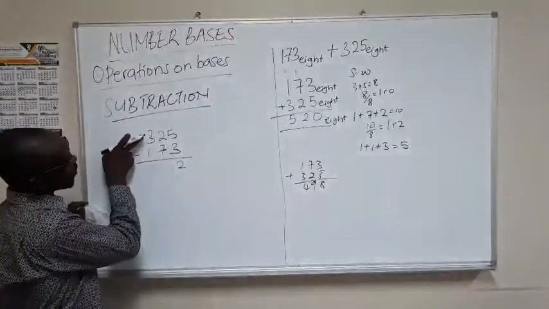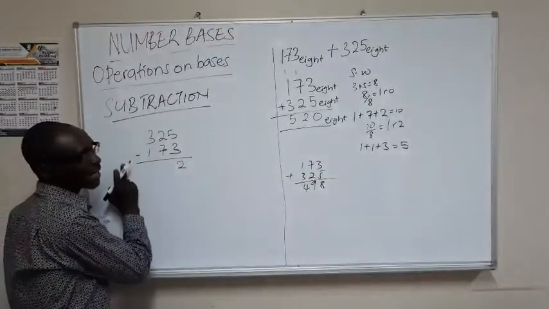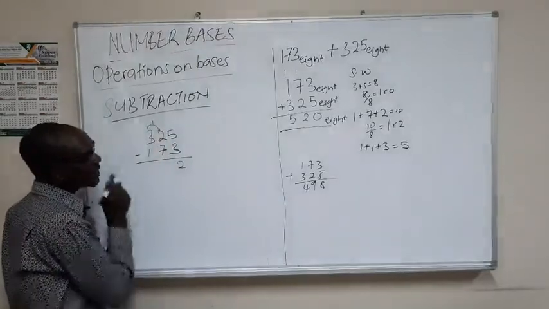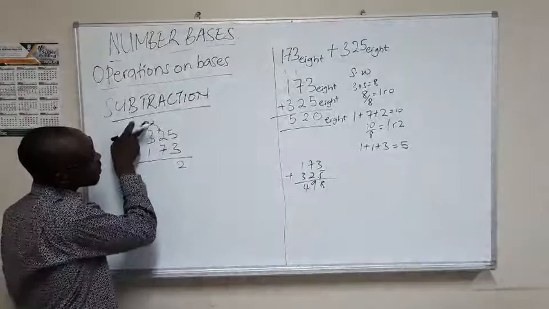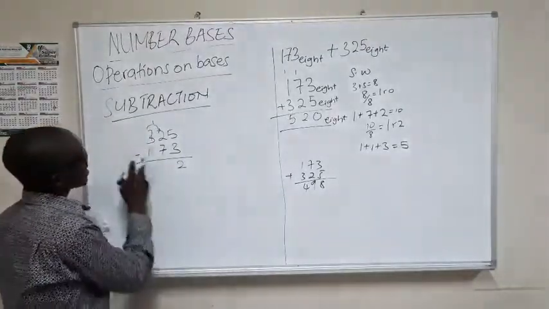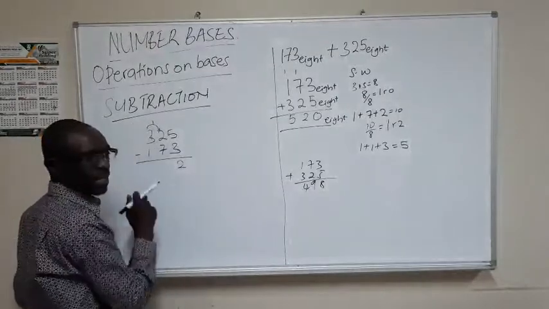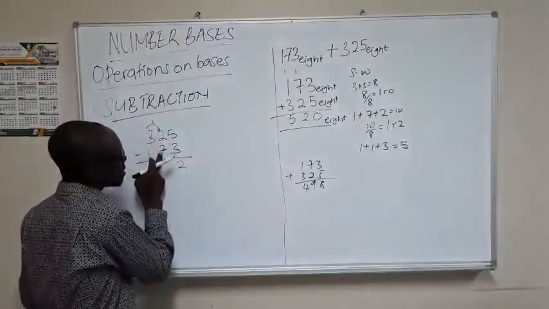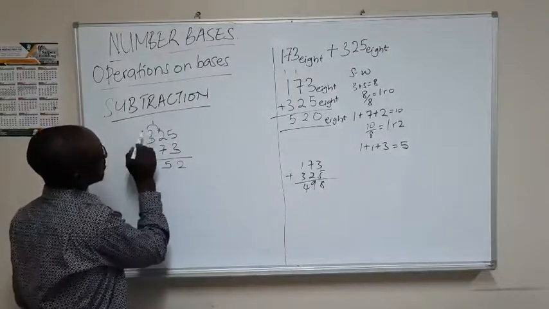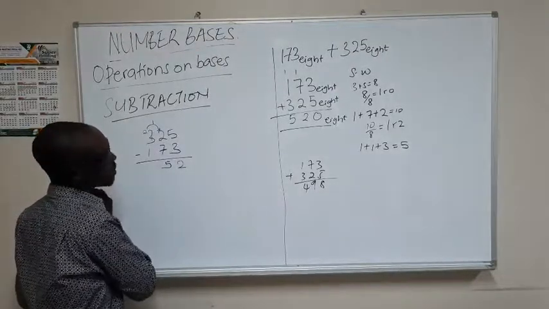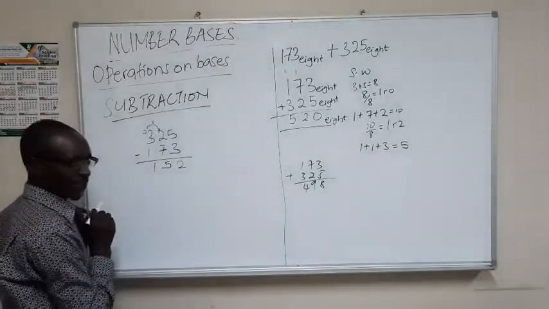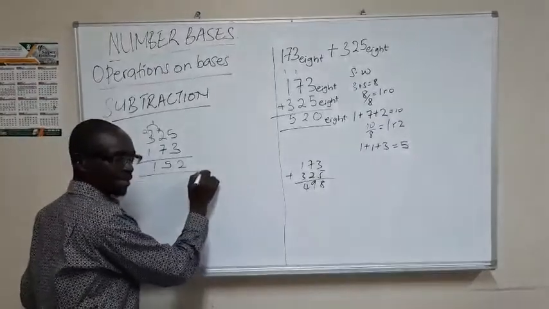Normally we say, borrow 1 from here and add it here. But since we're in base 10, this 1 now contains a 10. It's like 10 plus 2 getting 12, such that 12 minus 7, I get a 5 here. Here I remove the 1, therefore we are left with 2. Then 2 minus 1, I get 1. That was very simple in base 10.